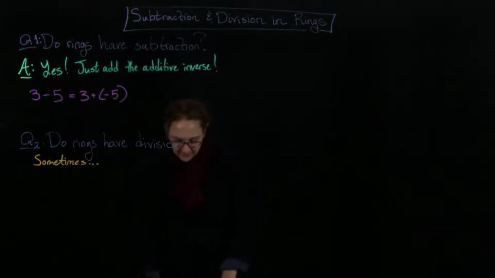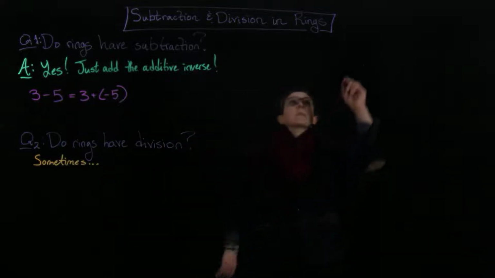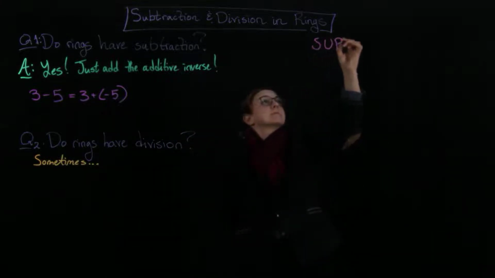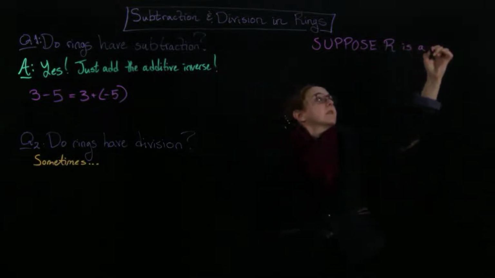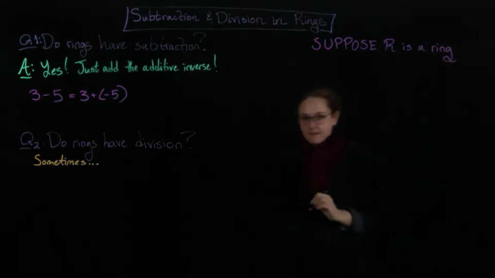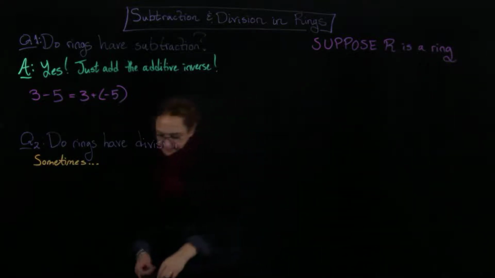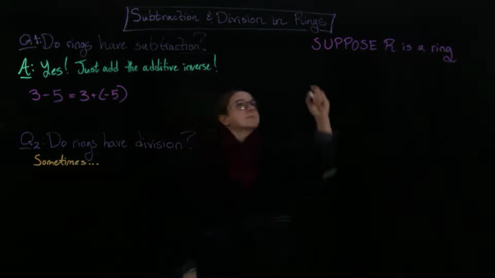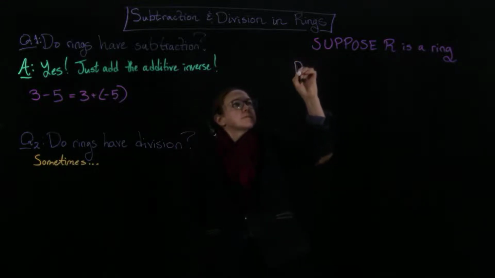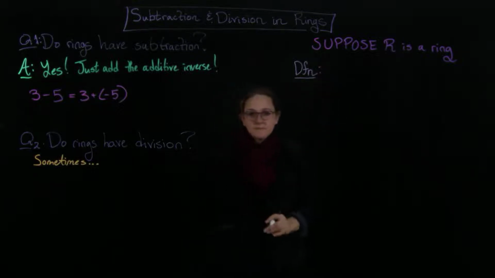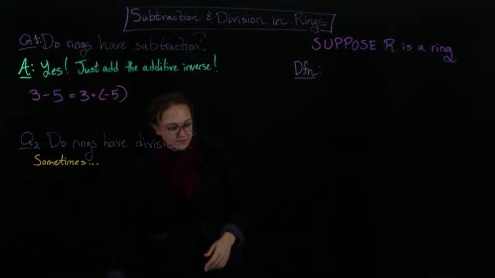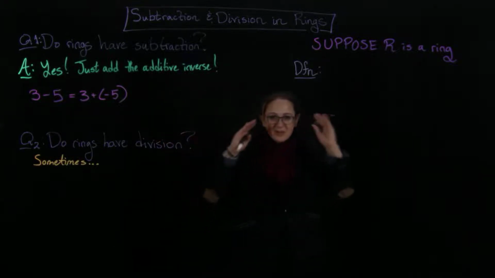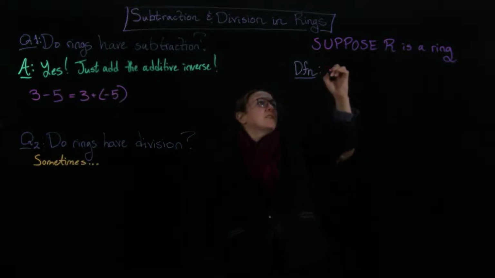Suppose R is a ring. Then by definition, an element a in R, and this is the first thing to focus your brain on: what kind of thing am I talking about.